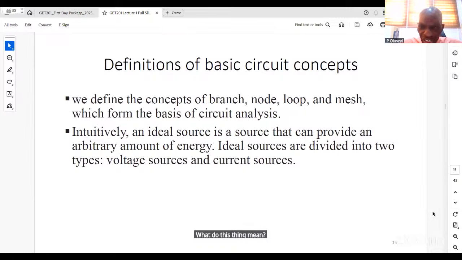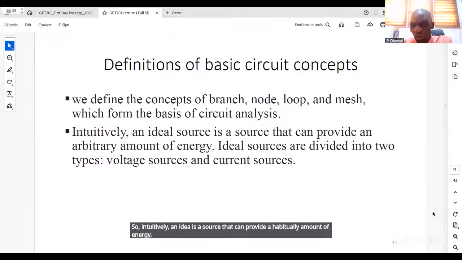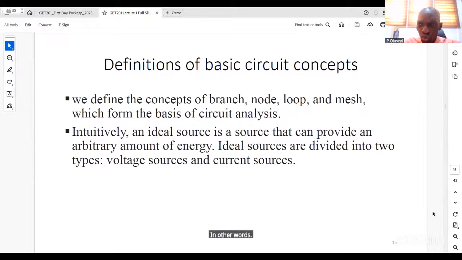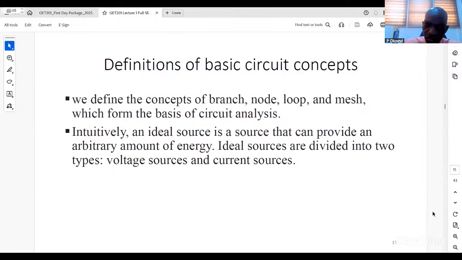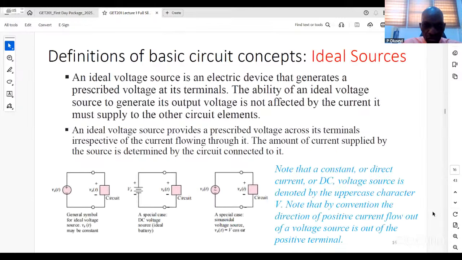Then the ideal source and the other forms of sources. Intuitively, an ideal source is a source that can provide an arbitrary amount of energy. Ideal sources can be divided into two: voltage sources and current sources. Let me give you 1 minute to write this. So these are the ideal sources.